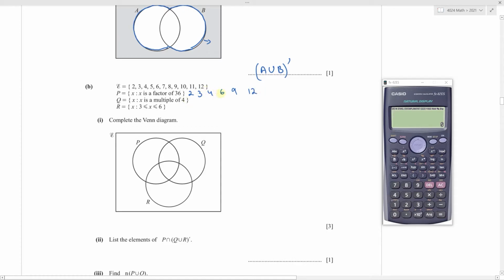So 2, 3, 4, 6, 9 and 12 are your numbers inside this set P.